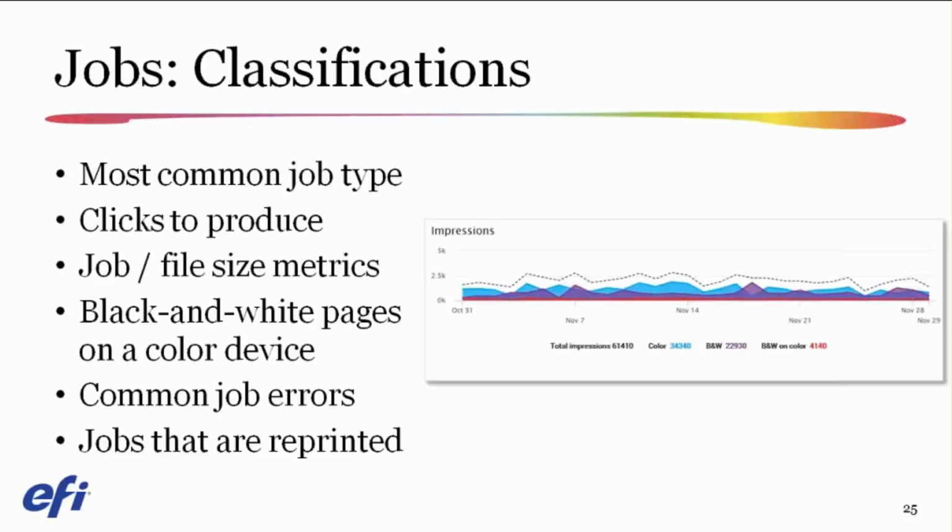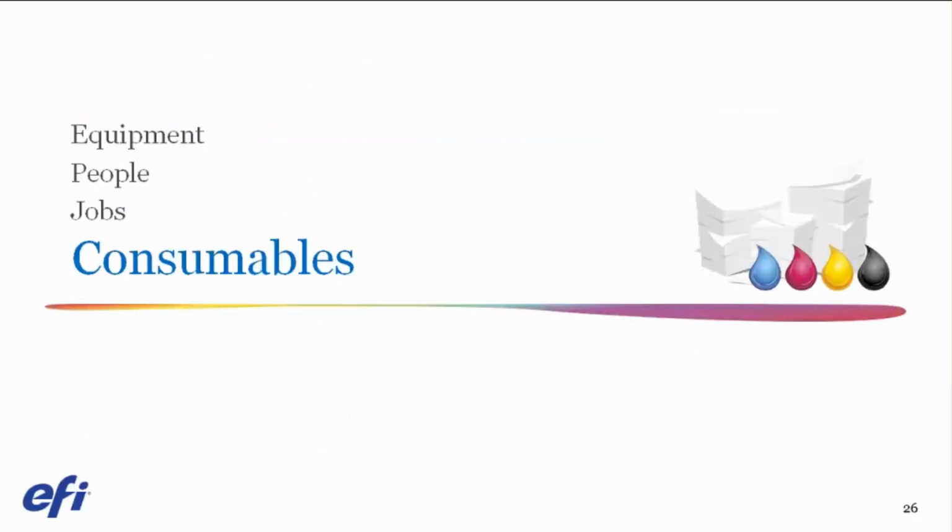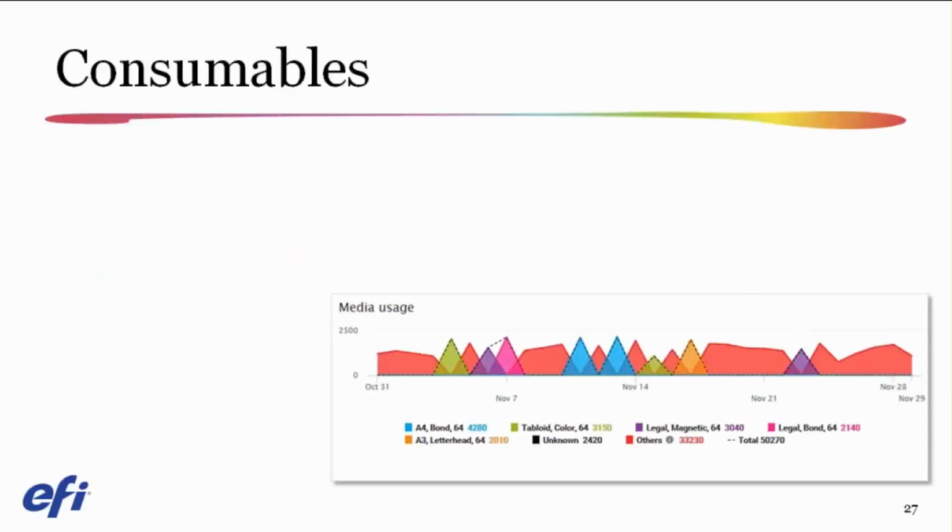We're going to go from there and talk a little bit about consumables. So, one page of consumables, and then we'll close off with a few items. With consumables, let's look at consumption tracking. Do you know how many sheets of product you produced on each stock last quarter? How much was wasted?